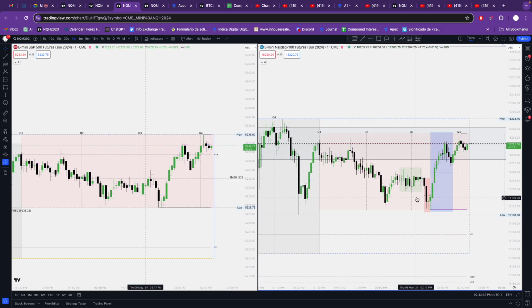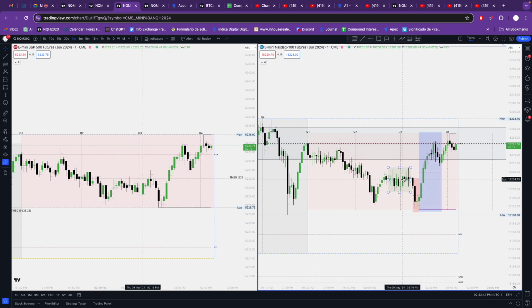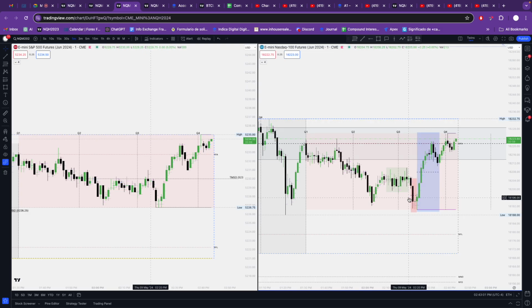So this is the market maker model, except this is the start of the market maker model. Accumulation, manipulation, distribution, and then I guess redistribution and second distribution, right? So if we aren't in a displacement, then we're consolidating.